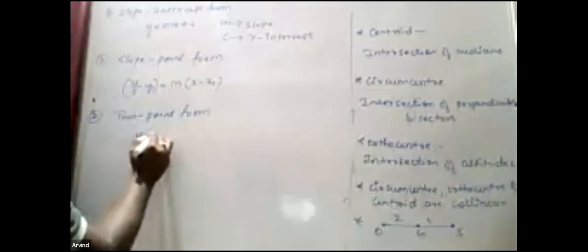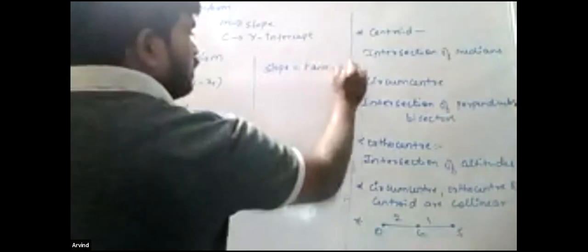Next is 2-point form. All this you have to remember. 2-point form is y minus y1 by x minus x1 is equal to y2 minus y1 divided by x2 minus x1. I forgot to tell you guys this also. Slope can be found in two ways. Slope is equal to tan theta is equal to m, I said. The same m can be found if 2 points are given.